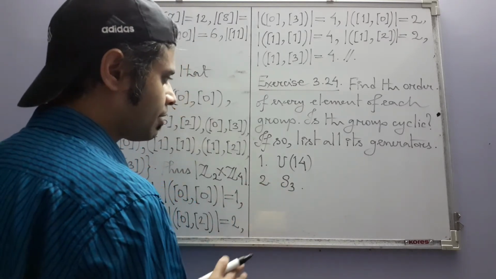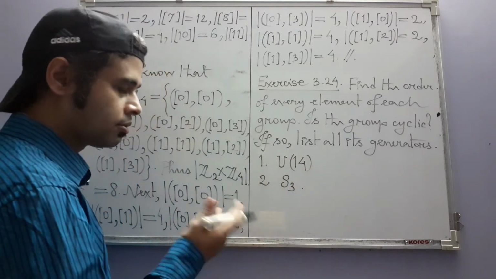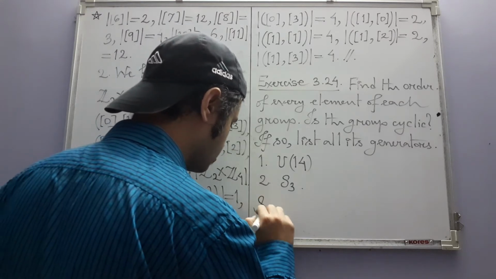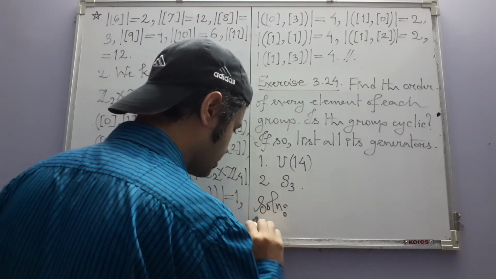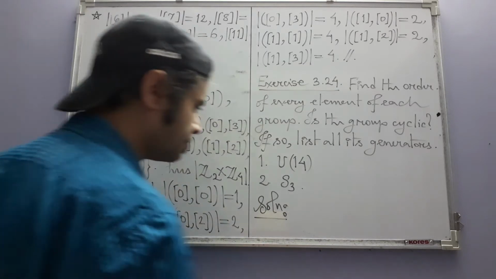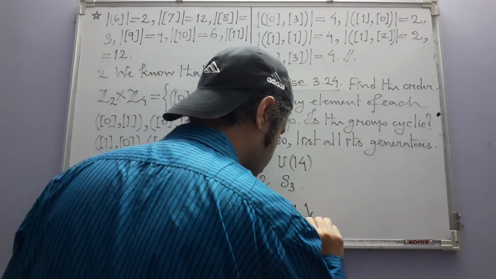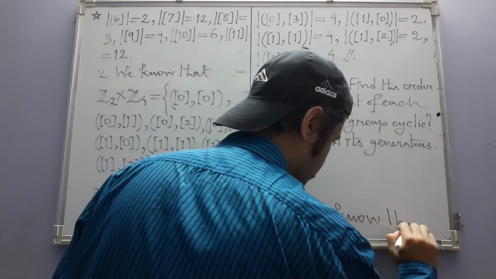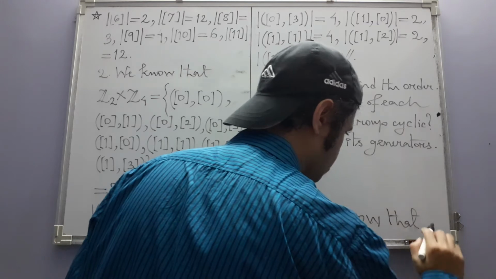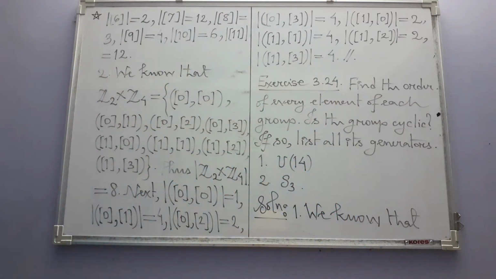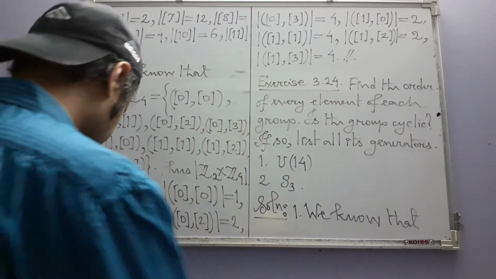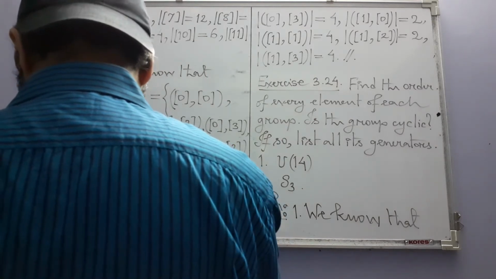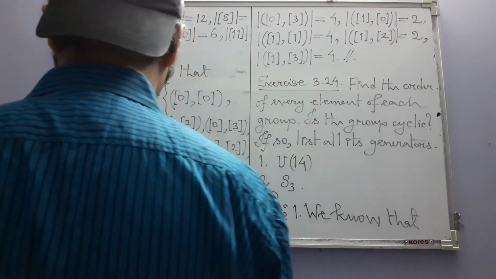Now this time we don't have to find the order of each group, but we have to find the orders of the elements. So let us look at U14 first. We know that U14, recall what the group U14 is. U14 is also a group whose elements are congruence classes.